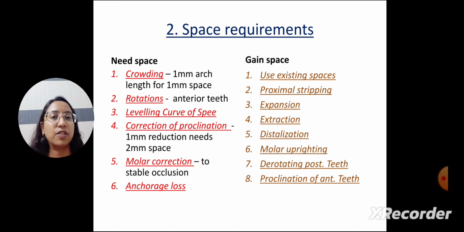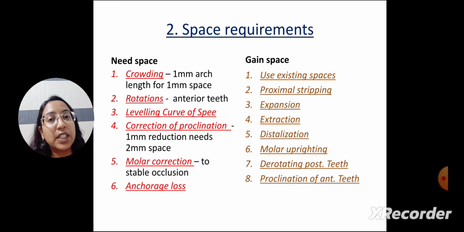For every 1 mm of increase in tooth material, we need 1 mm of arch length or space in the arch. Then coming to rotations: in anterior teeth, the mesiodistal dimension is wider than the labiolingual thickness. Therefore, when the anterior teeth rotate, they occupy less space. So the derotation of anterior teeth will require more space in the arch.